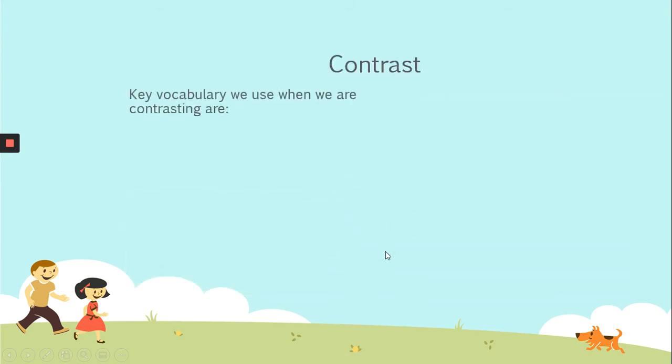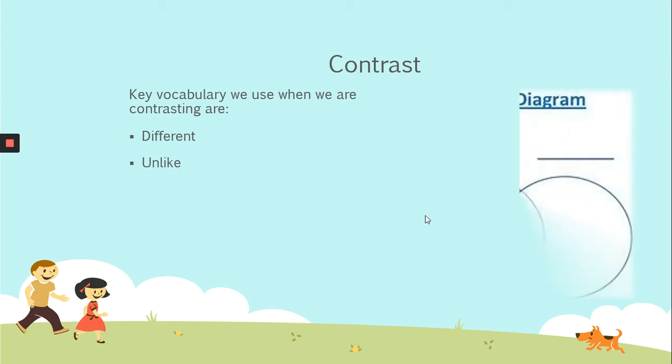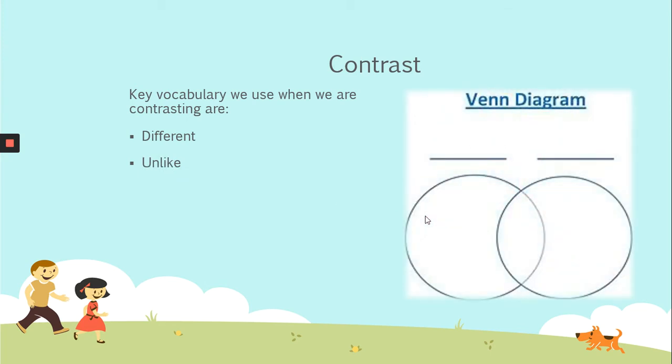Let's review contrasting. The key vocabulary that we use when we are contrasting are different and unalike. When we place it on a Venn diagram, we will label each side, whatever the two different things are. One name will go over here, the other name will go there.